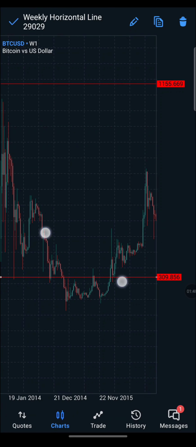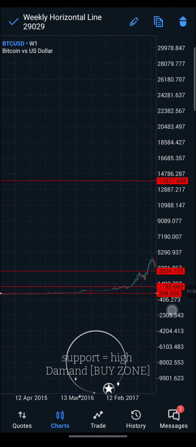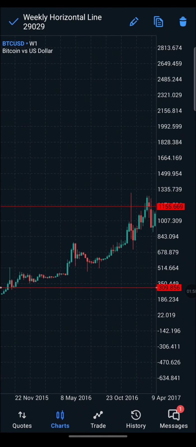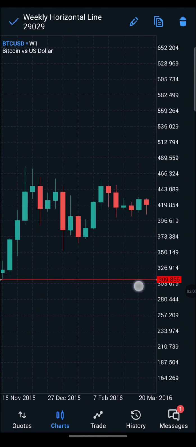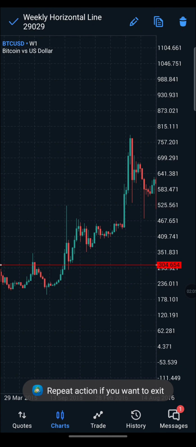Then we see this support area, which is a high buying area. We observe that the market continues buying after breaking away. After this breakaway here, we see that the market continues to buy.